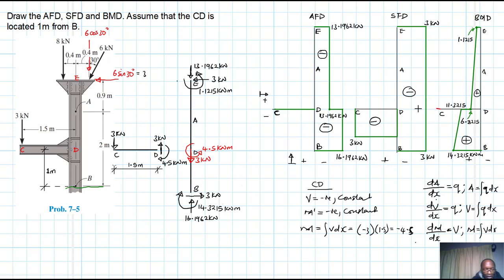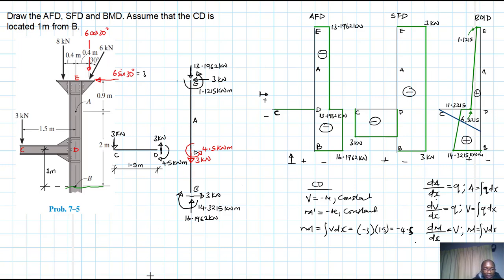Let me move that a little bit so that I don't disturb what I just wrote inside. Let's say I use blue. It's linear, and the slope is constant, right? Straight line. Let's say it's up to somewhere there.